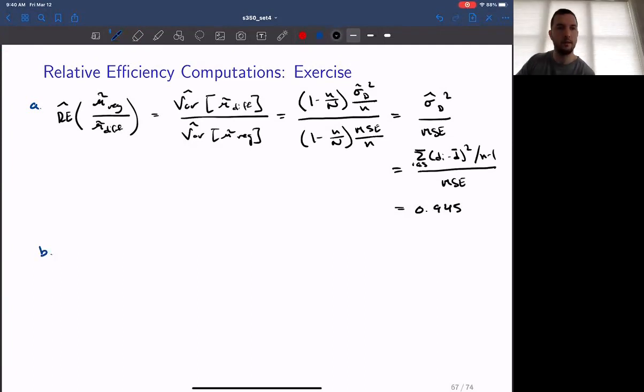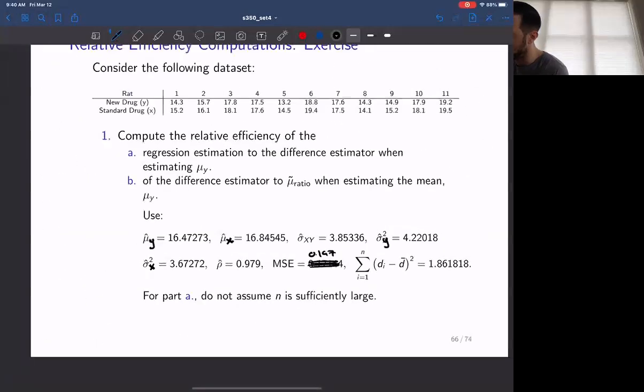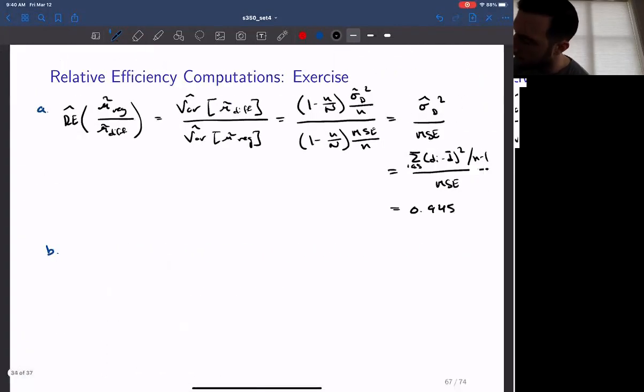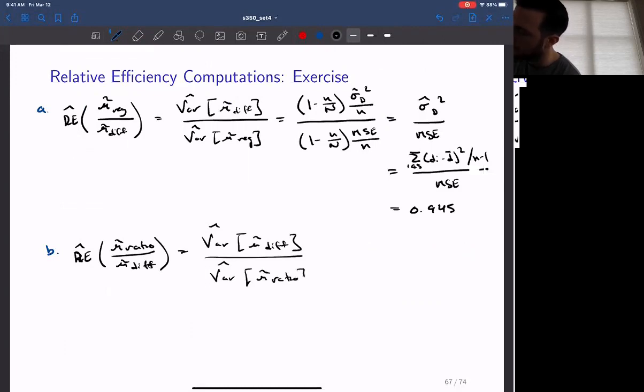All right, and then in the second illustration, we want to do the ratio efficiency difference to ratio when estimating the mean. All right, so let's do this in the same way we did it above. So we're going to have mu tilde ratio divided by mu tilde diff. So this will be the variance of mu tilde diff divided by the variance of mu tilde ratio.